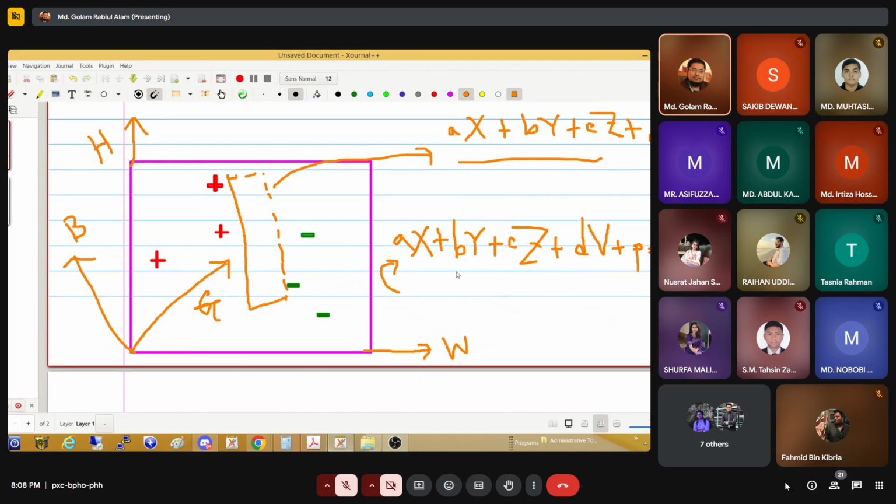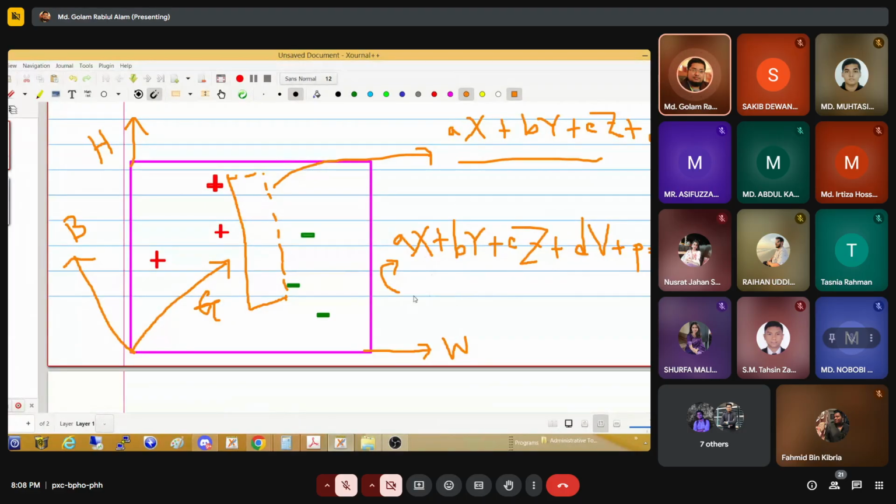So now we want to build a generic form of the hyperplane equation. Instead of x, y, z, like this, because we can consider maybe 1000 dimensions, x, y, z is not the correct way to represent our equation.